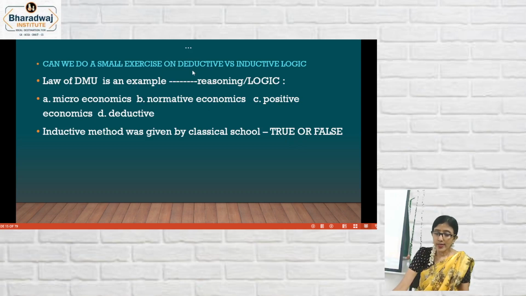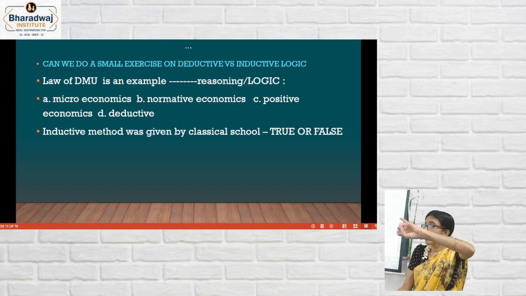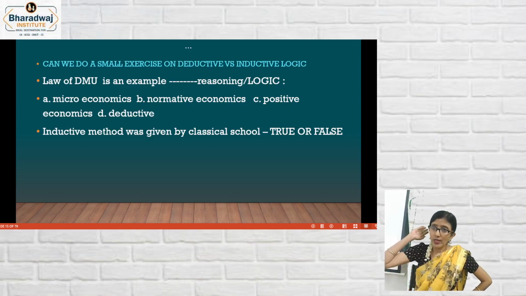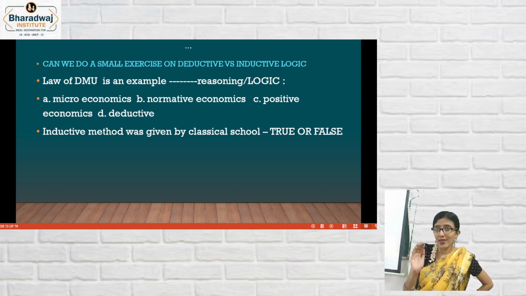Can we do a small exercise on deductive and inductive logic? Okay, I told you what was given under deductive and inductive logic. Please note the name of the economist and examples. Make use of the opportunity. You are revising. You are going back to the initial days when you began the class, right? Law of DMU is an example of dash reasoning.